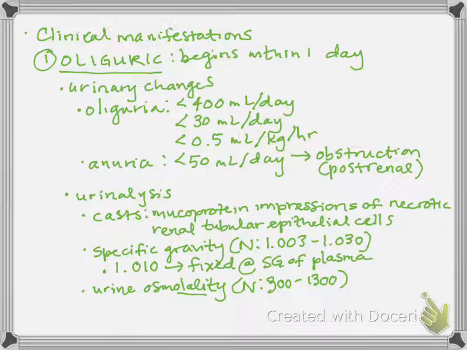So urine osmolality in the oliguric phase is also fixed at the plasma level, which is about 300 milliosmoles per kilogram. We may also see, like I had said previously, proteinuria, indicating that there's some sort of glomerular damage, allowing albumin and large plasma proteins to leak into the urine. Proteinuria is never normal.